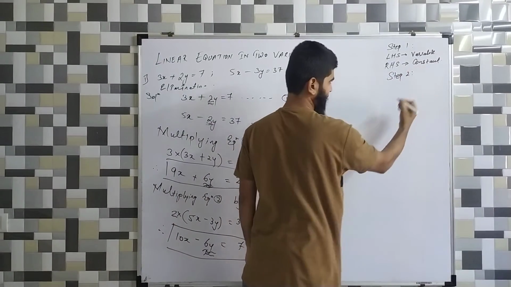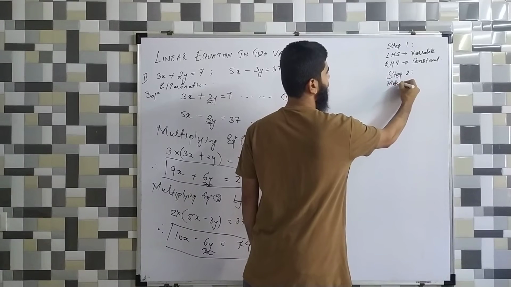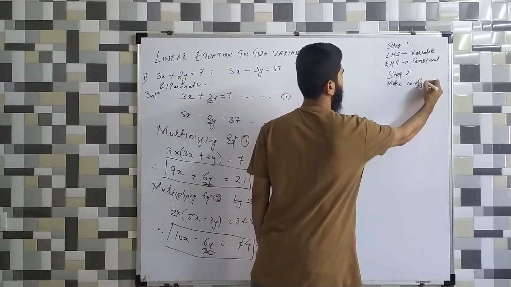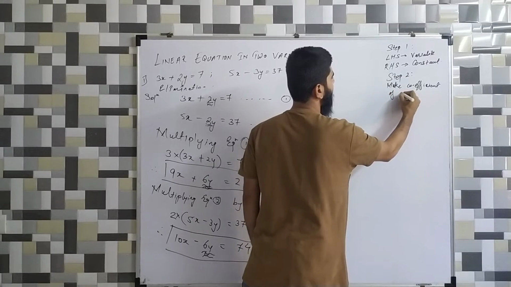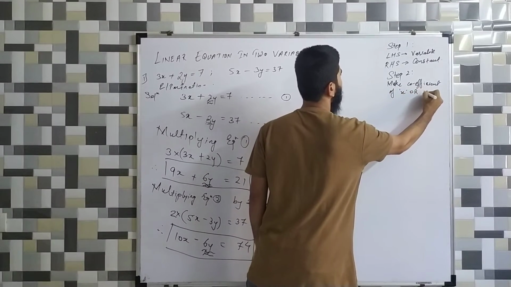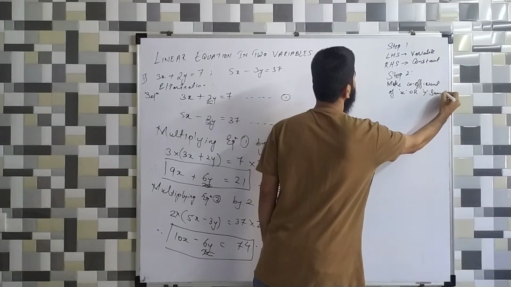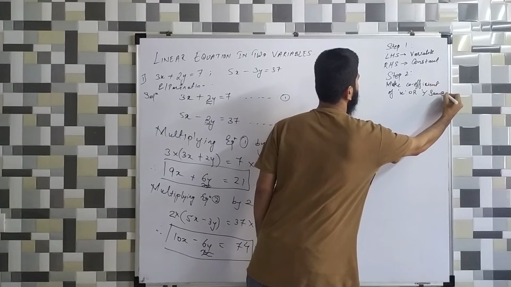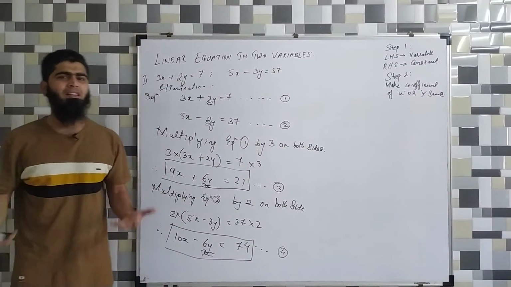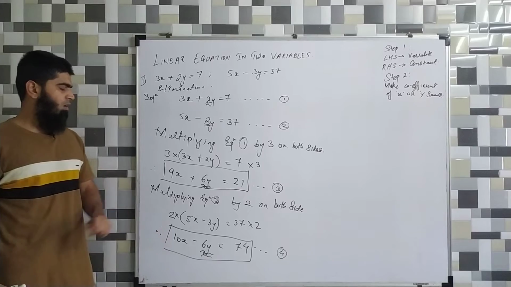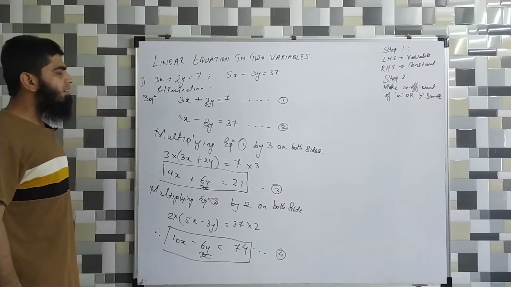Step number 2: make coefficients of x or y the same by multiplying with suitable numbers, or by suitable mathematical operations. Okay, now let us understand the third step.